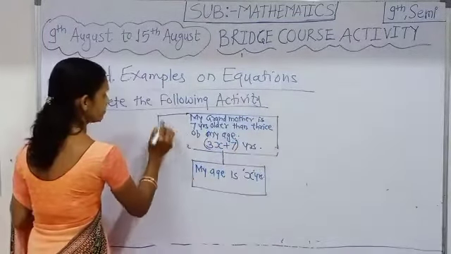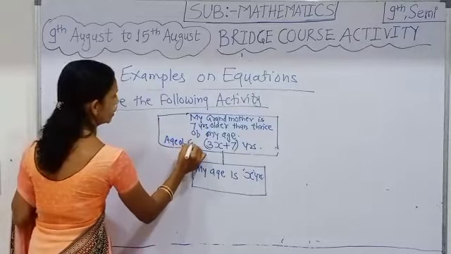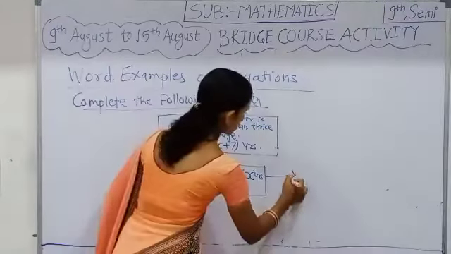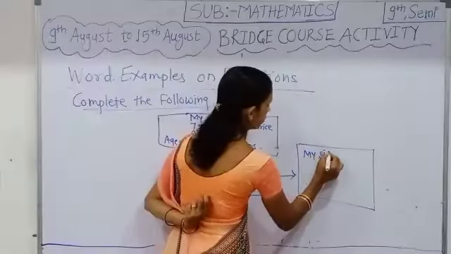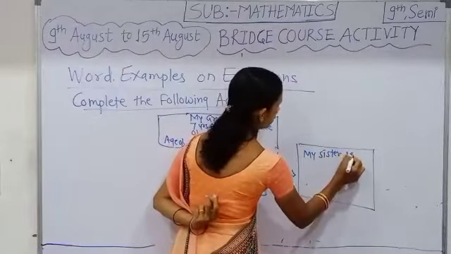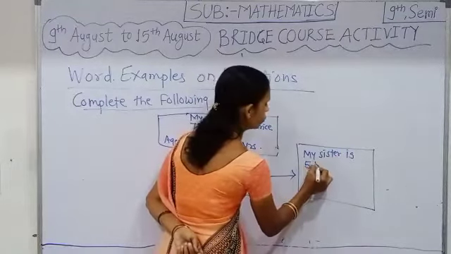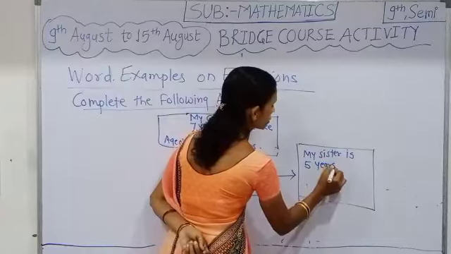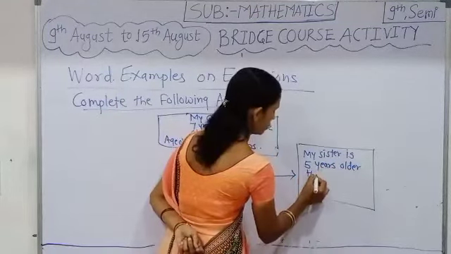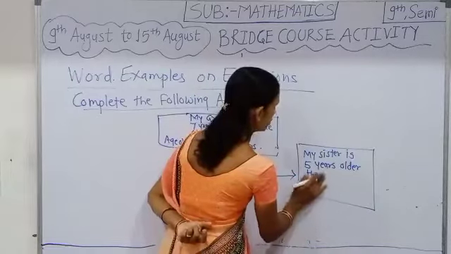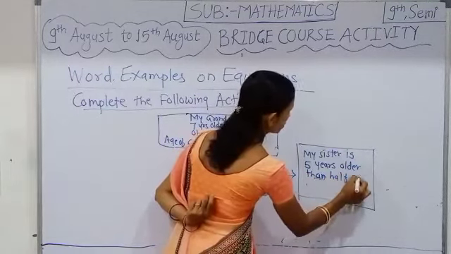years, that is the age of grandmother. A few more conditions are given. My sister is 5 years older than half of my age.